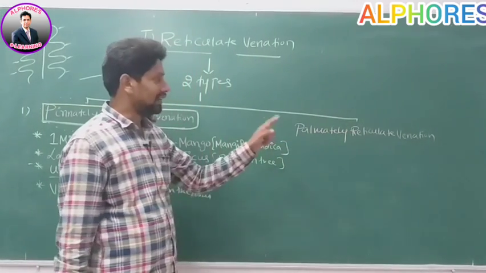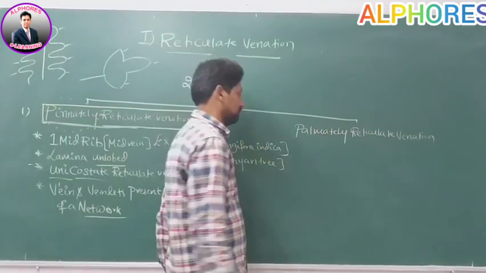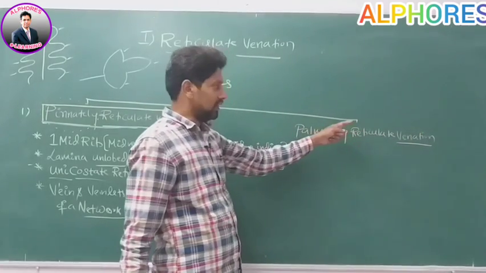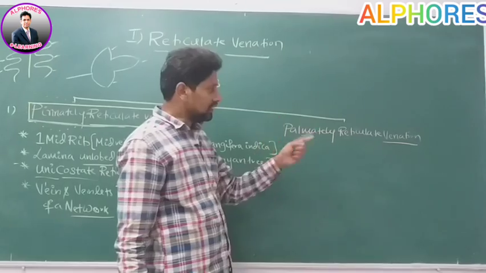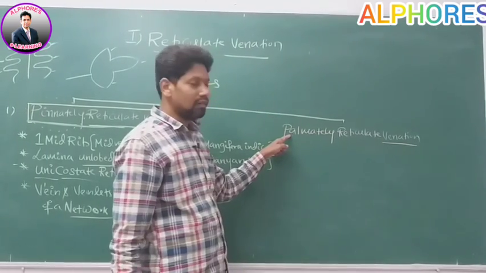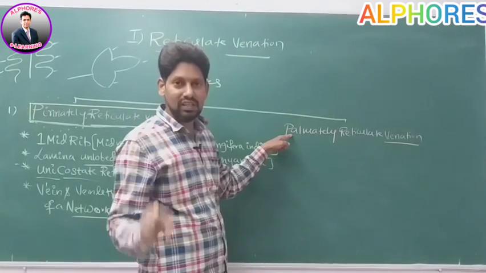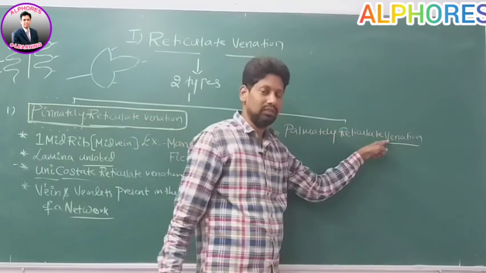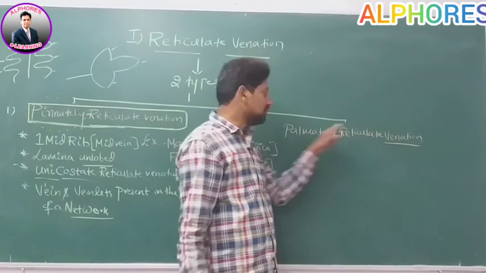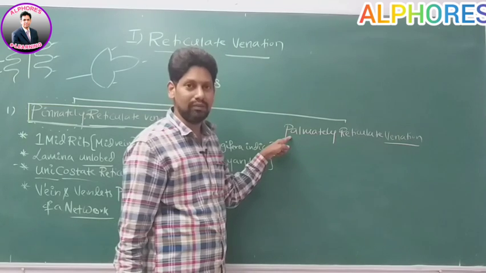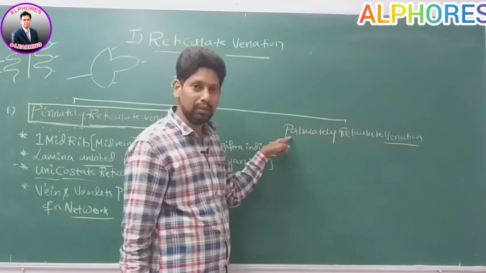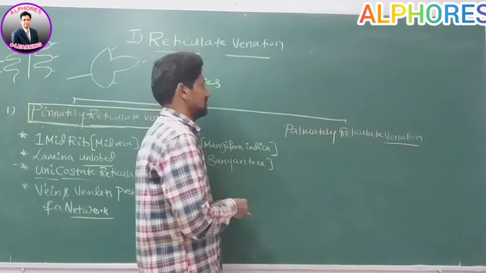What's that? Palmately reticulated venation. Now listen to this statement. Sir, wherever you get venation, if the word palmately is seen, more than one midrib is present. I am speaking about venation. If you get palmately, then automatically we can write more than one midrib is present.